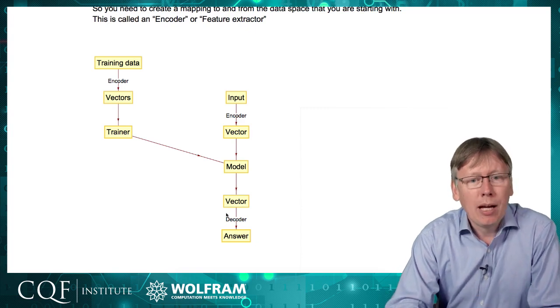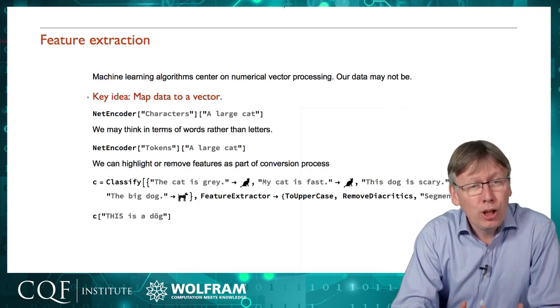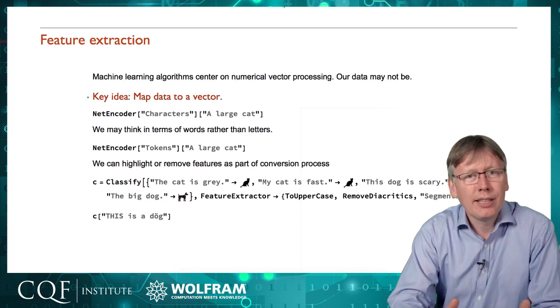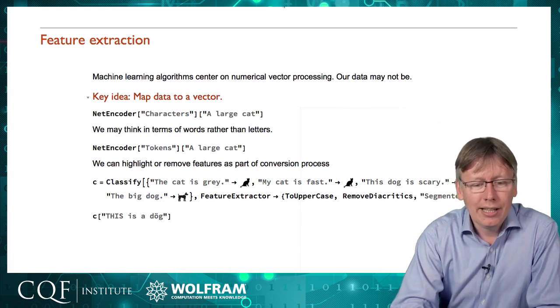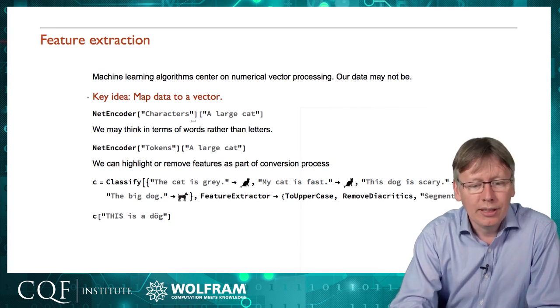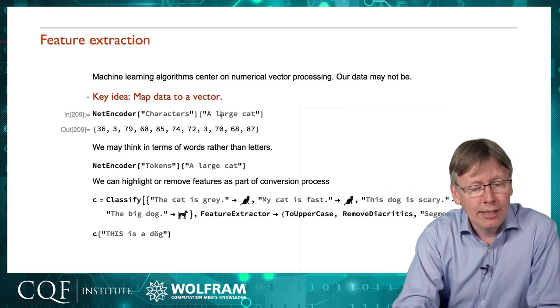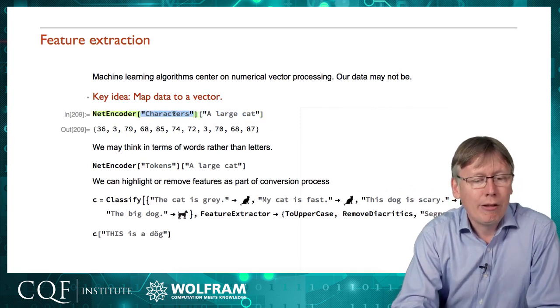So let's go into a little bit more depth in the encode-decode process. There are actually two parts to it, and I'm going to start with the simplest bit first, which is just turning that into a vector. The key idea here is that there is some mapping between the two, between inputs and outputs. The simplest, for example, if I take a string like "a large cat", is a character encoding.